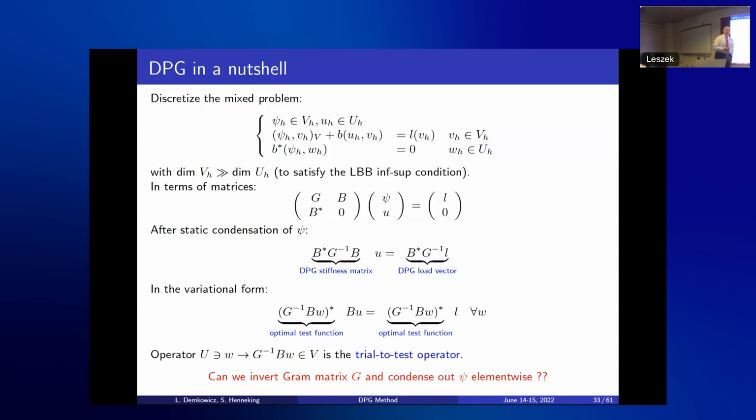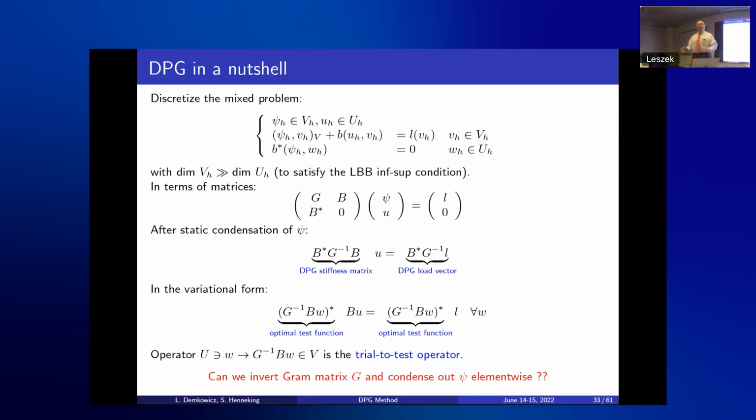And then comes the big point that I will not go into right now about breaking test functions, testing from a larger spatial test function, which makes this matrix G block diagonal, and this entire inversion process is taking place on the element level. So here comes the efficiency. We do extra work to compute those normal matrices, but all of this DPG magic is happening at the element level.